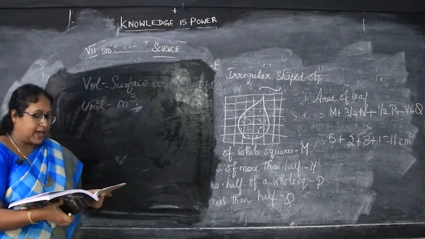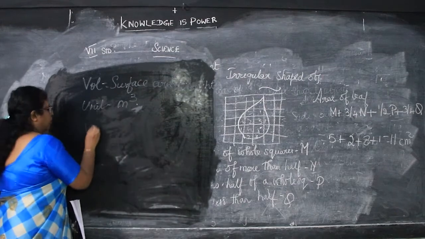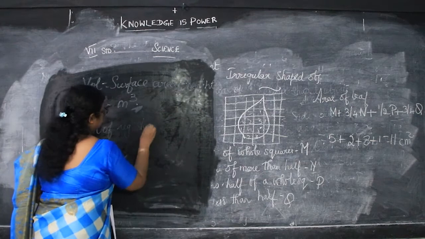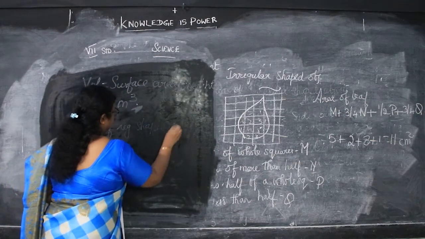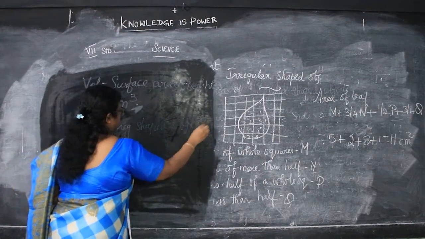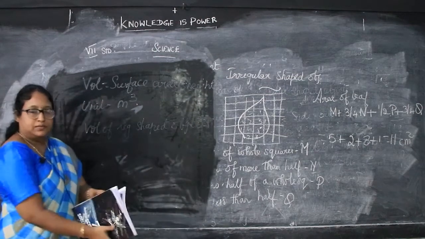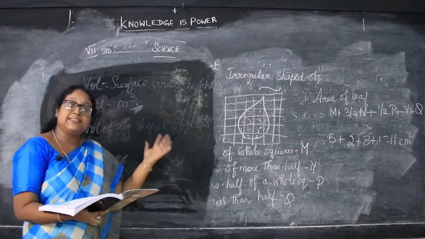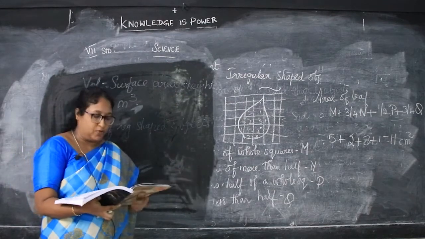Now we have to see the volume of regularly shaped objects. The volume of regularly shaped objects can be determined, same as area, by using a formula.